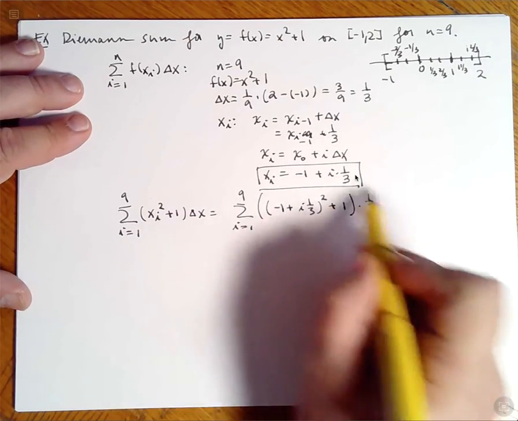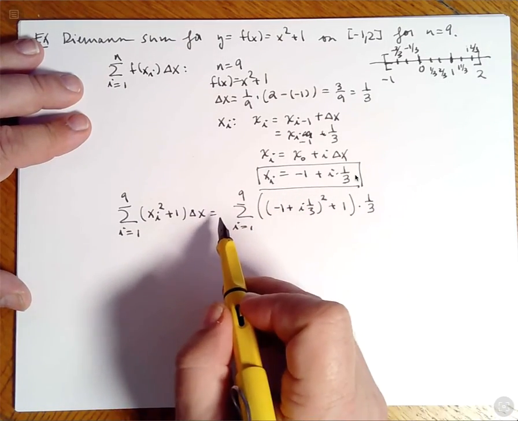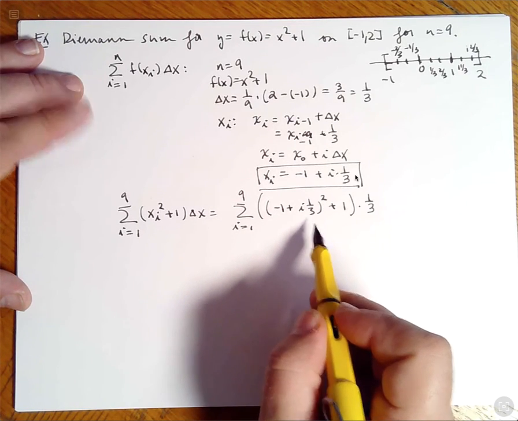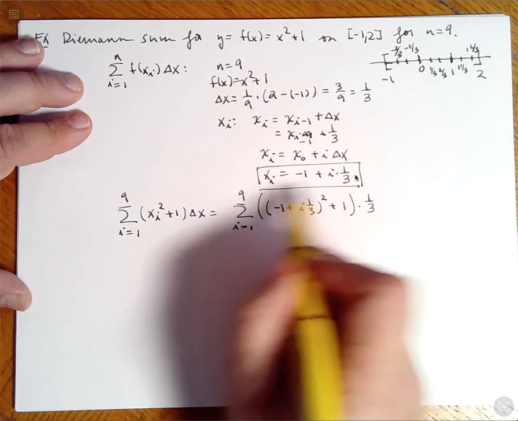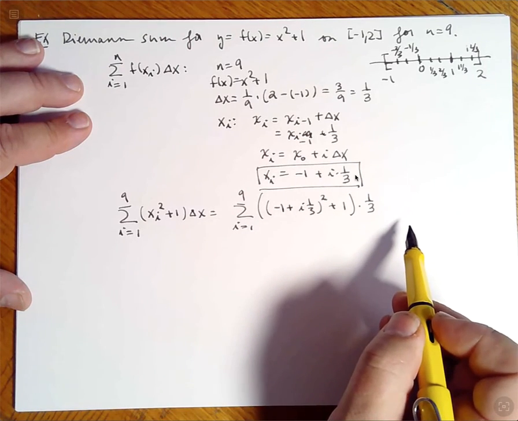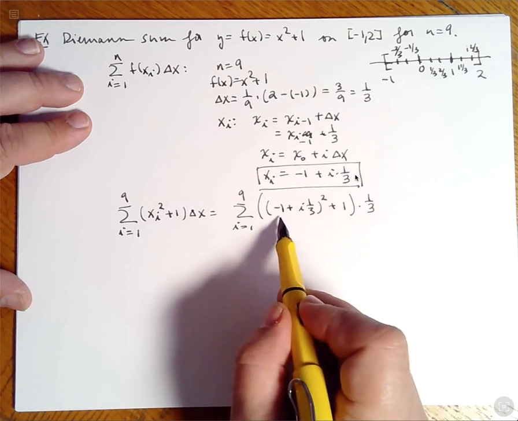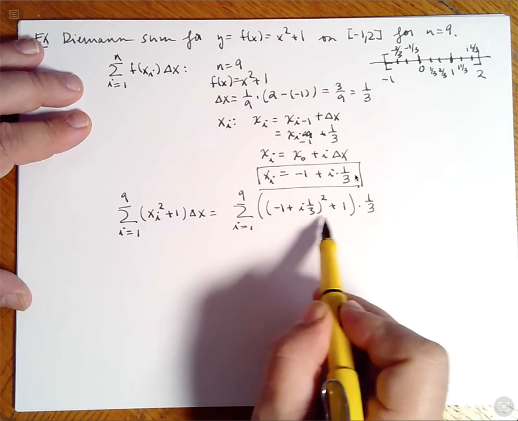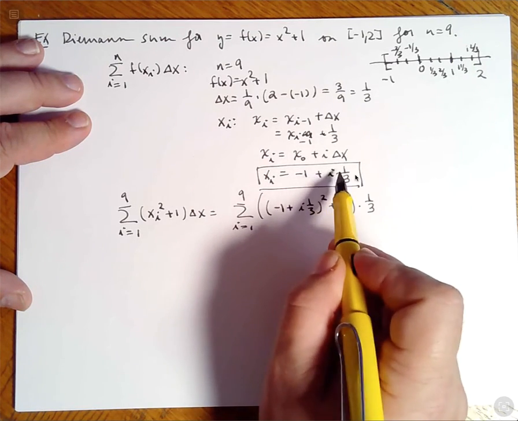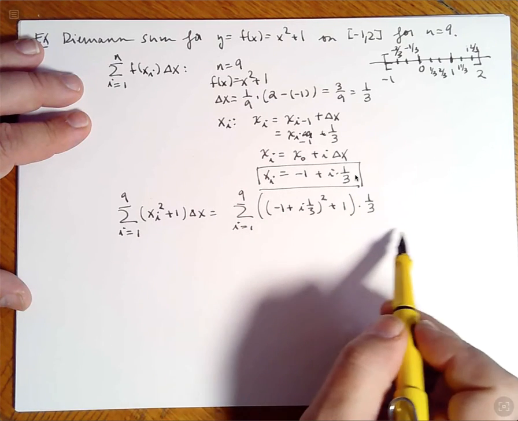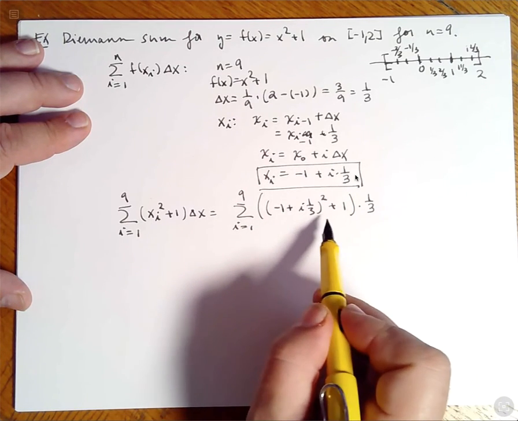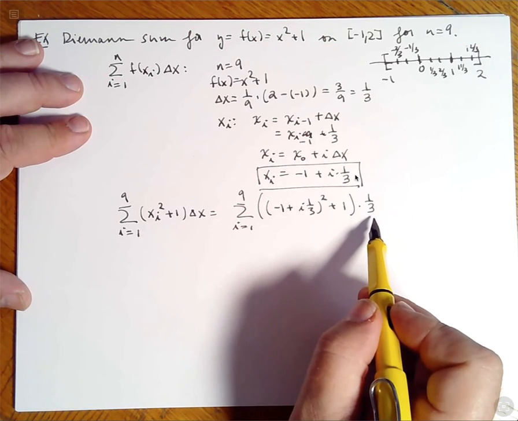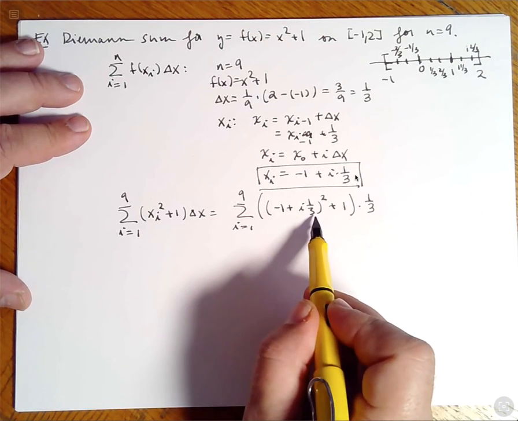Notice there's something really nice about this summation. There's some simplification that we could do, and we'll do that in a second. But there's something nice about this being not simplified, in that you can look here at the thing squared. You can see that that's an expression for our xi. So you can almost just look at this and say, this is like x squared plus 1. And then there's your delta x, which you can also see right here.